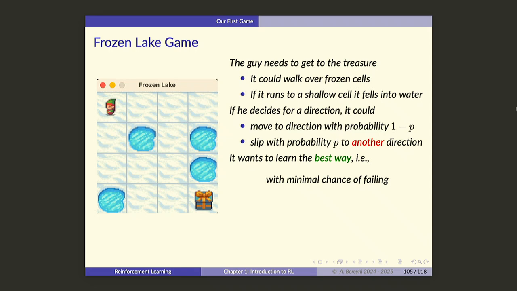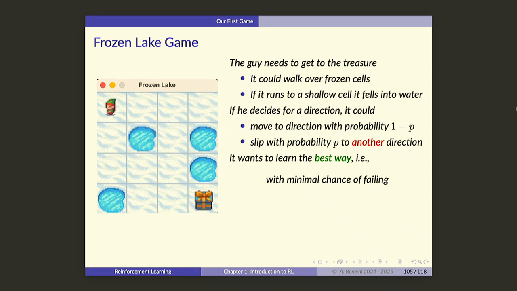So if you are here and you press right, say p is 10%, then with probability 0.9 you are going to get to the next cell. But with probability 0.1, you might either stay here or just slip down, right?